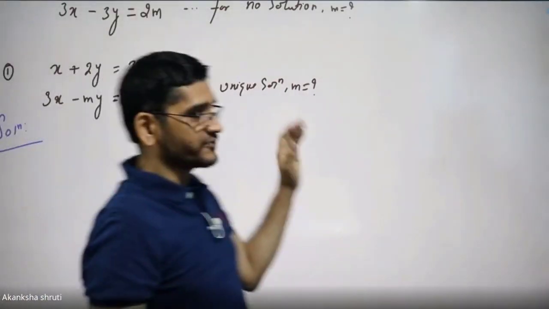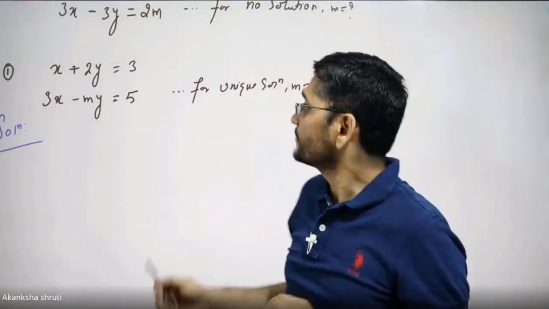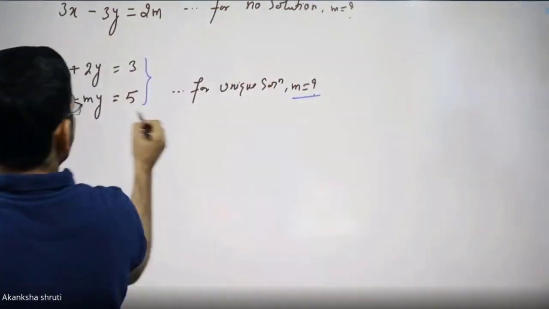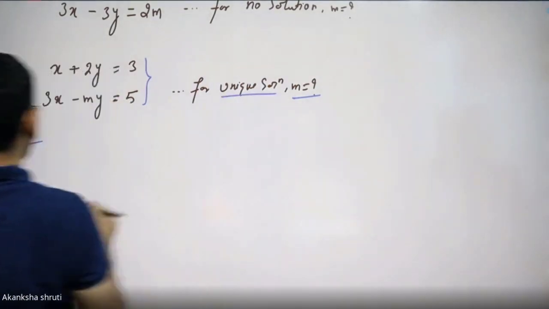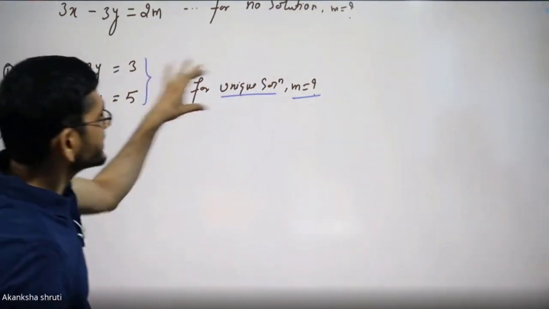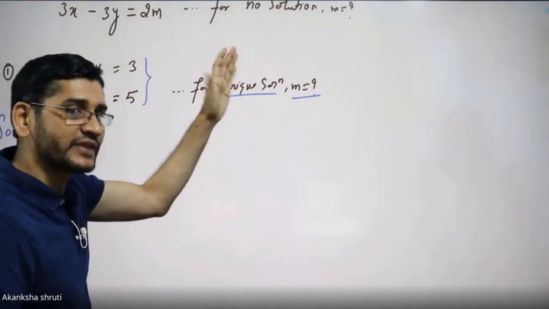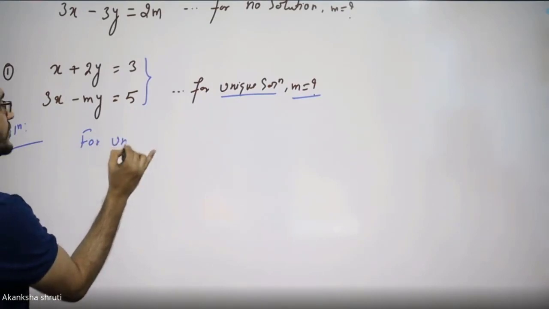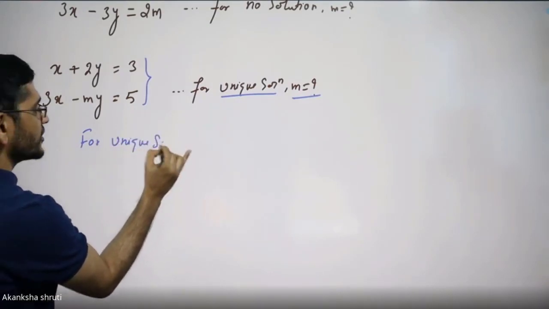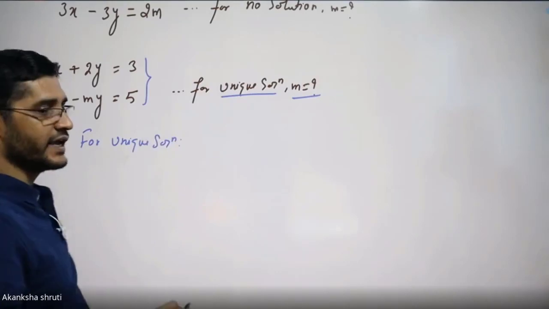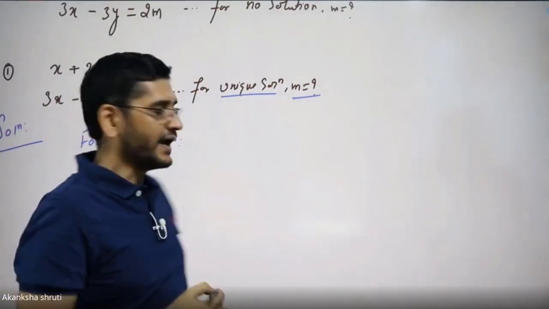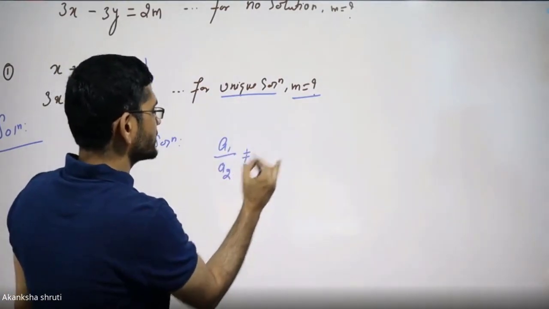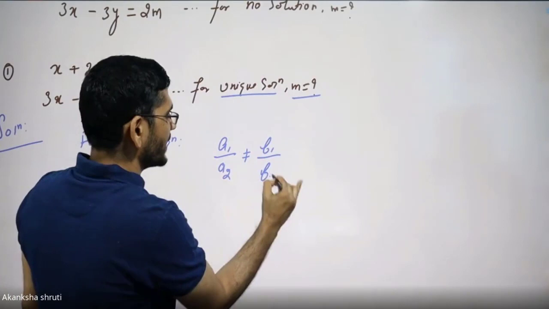Students, let us solve this first question where we have to find the value of m for this system of equations having a unique solution. So whatever the given condition, you need to apply it to form the equation. So write for unique solution. Wherever unique solution, mathematically we have A1 by A2 should not be equals to B1 by B2.